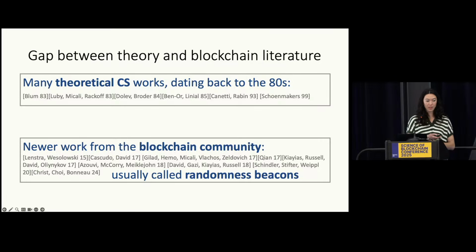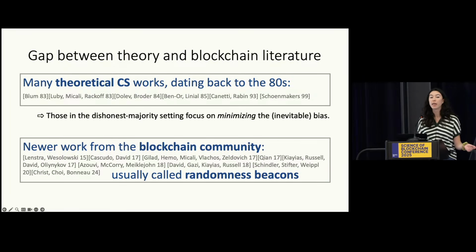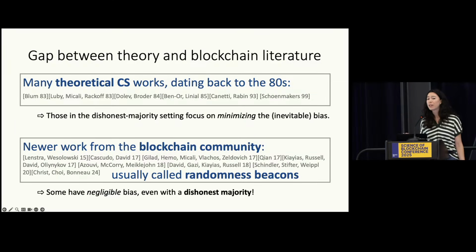Okay. But Cleve's result was in a body of theoretical literature that has been pretty separate from the body of work from the blockchain community. In this theoretical line of work, most of these protocols aim to minimize the inevitable bias that Cleve showed you have to have in this dishonest majority setting. On the other hand, many of these works from the blockchain community actually achieve negligible bias, even with a dishonest majority.